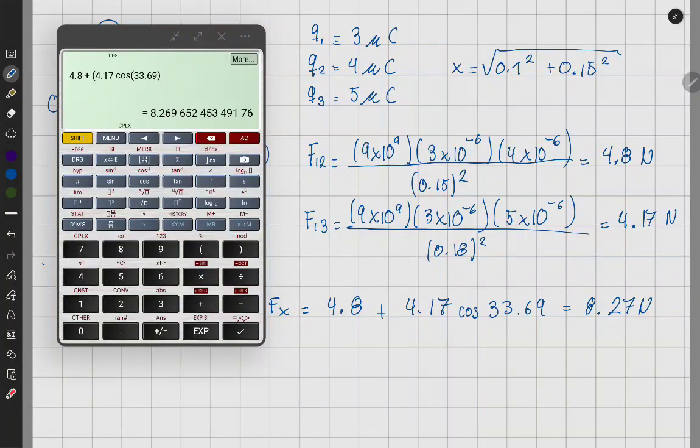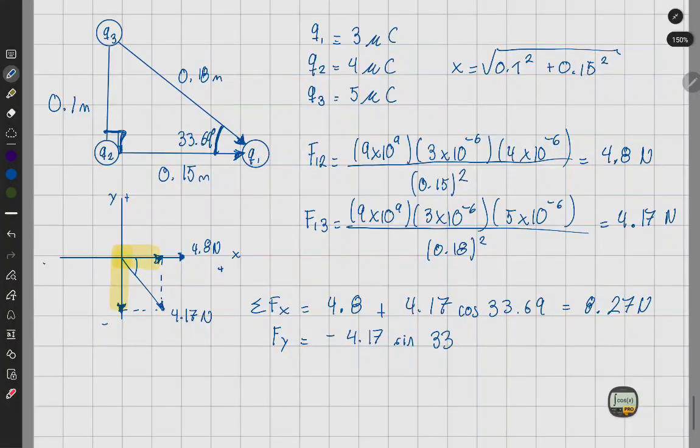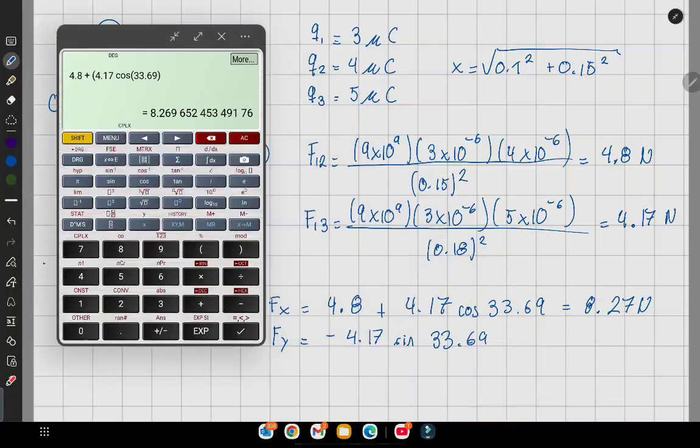Okay, so in here it's 8.27 newtons, and then the forces in the y-axis, it's only this one in here, so this component, and you're going to have another one in here, something like this. Okay, so this one and that. And here it's only minus 4.17 times the sine of the angle, 33.69.